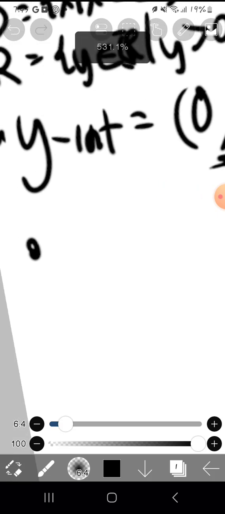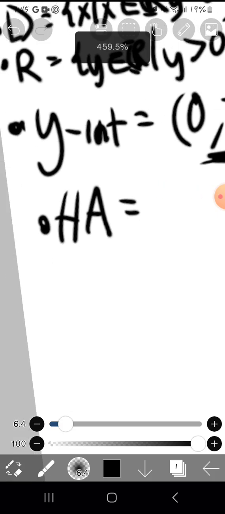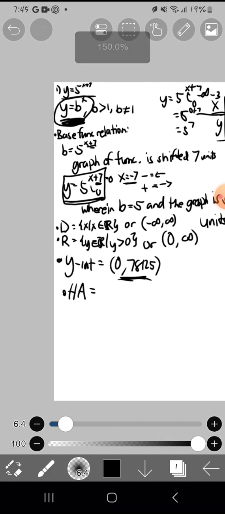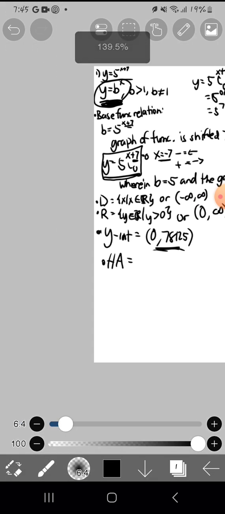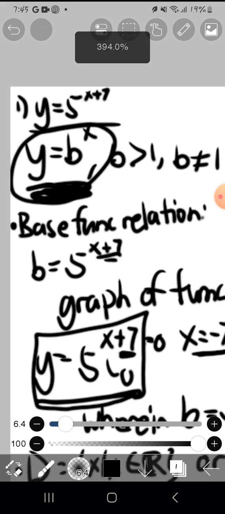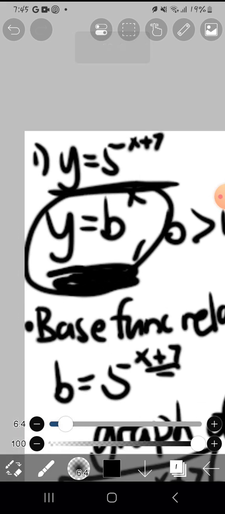And yung horizontal asymptote, it's basically the line wherein the graph almost touches but doesn't cross or doesn't touch. Horizontal siya, kaya horizontal asymptote. Paano makuha yung horizontal asymptote? Tignan mo lang yung function y equals 5 raised to x plus 7.